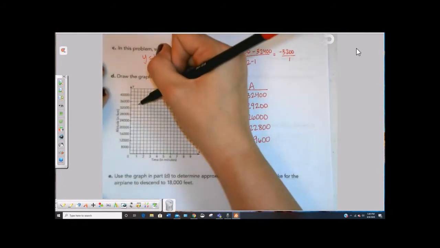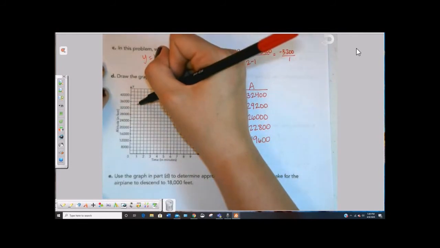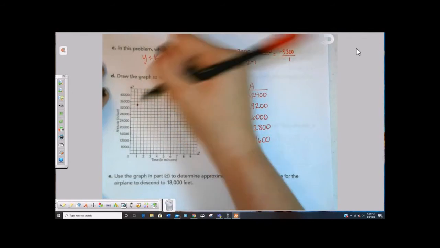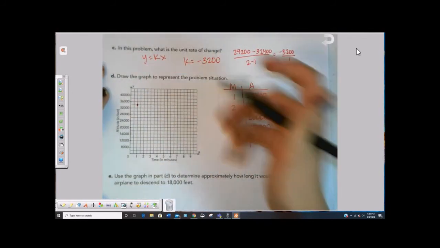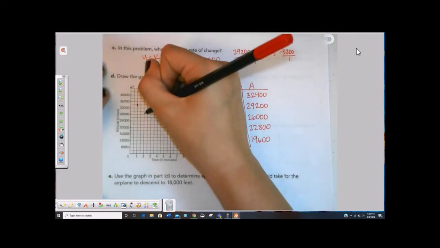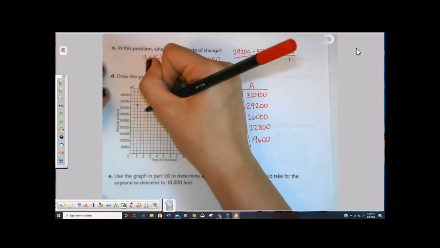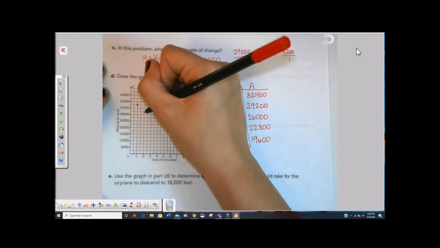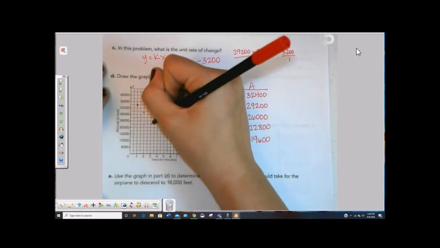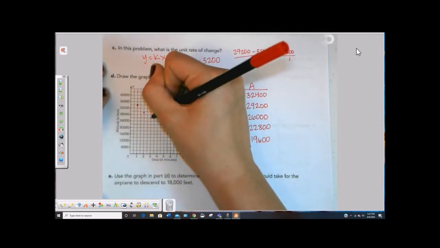Okay, so now we can plot this. So looking at 1, I'm at 32,400. So that is right. Make sure I'm on the right line. That is right here. Okay. Point 2, I'm at 29,200. I'm going to say that's like right here. I don't know.